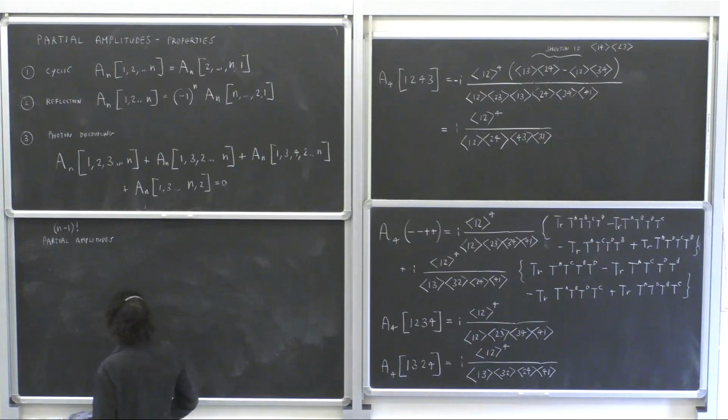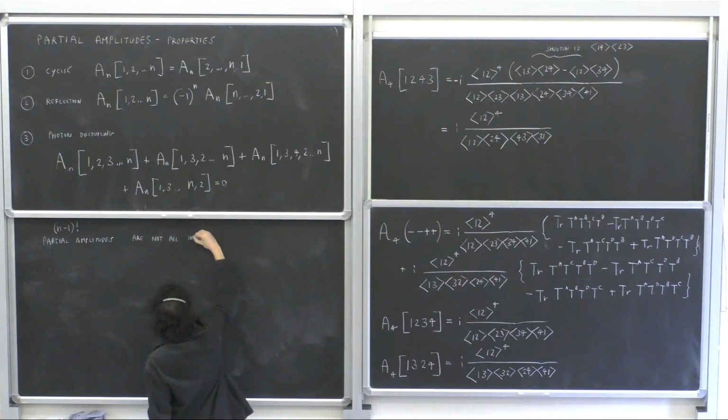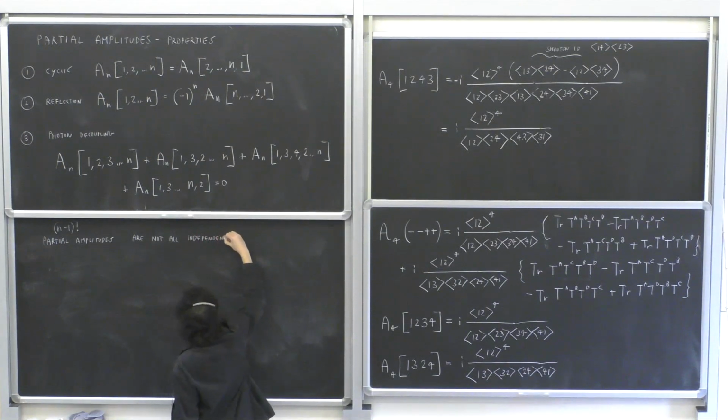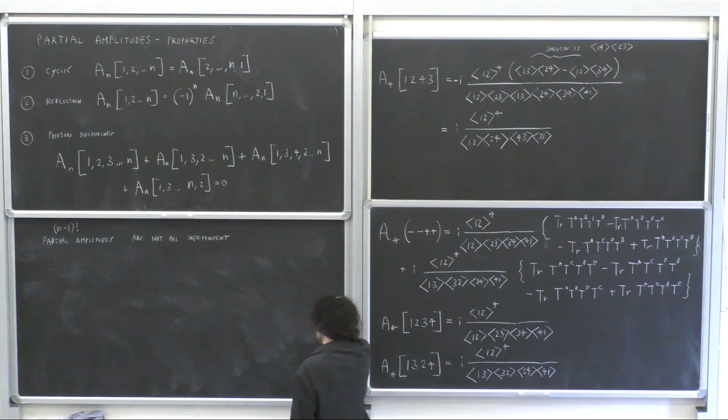So there's (n-1)! of them, but they are not actually independent. And this raises the question of whether additional identities can be obtained.